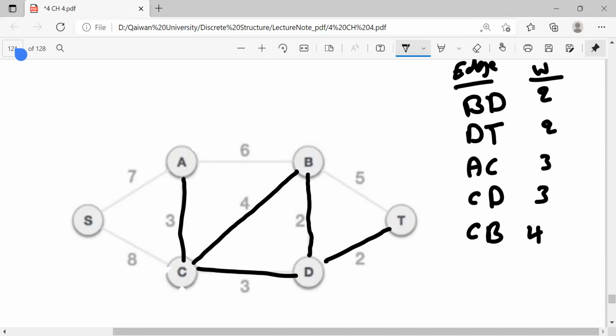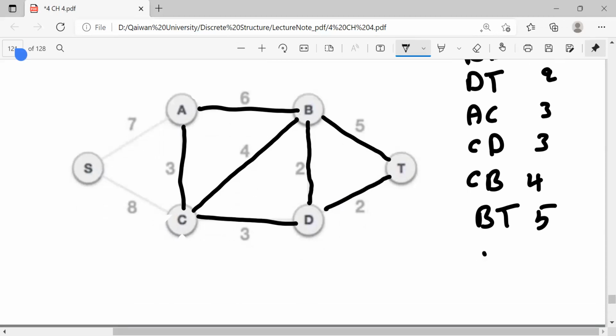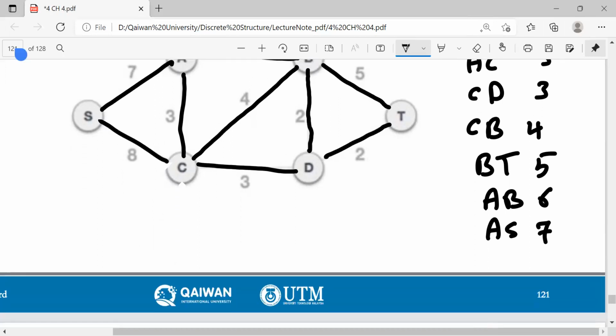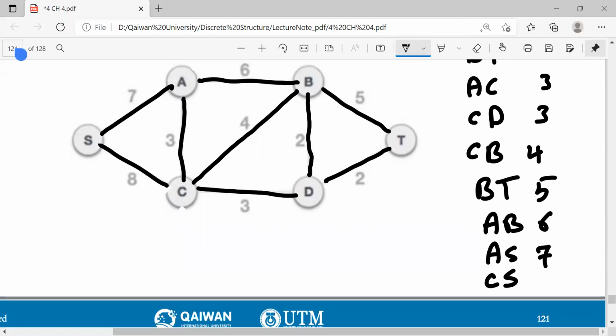Then for weight 5, we have only BT. Then we have AB, its weight is 6. Then AS, its weight is 7, and CS, its weight is 8.